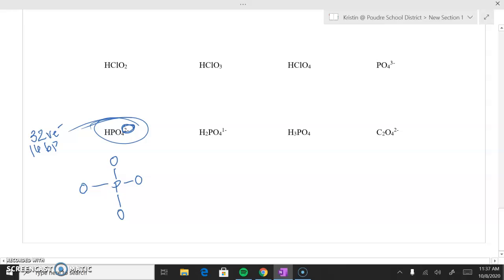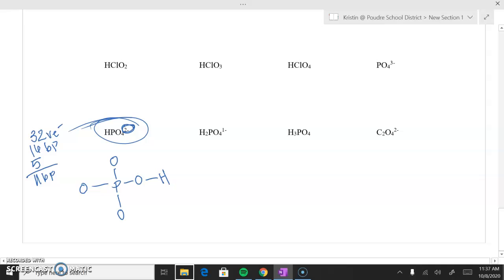And then I have that one little hydrogen, so I'll just throw it over here. And we used 5 bonding pairs to do that. Cool. So we have 11 bonding pairs left.